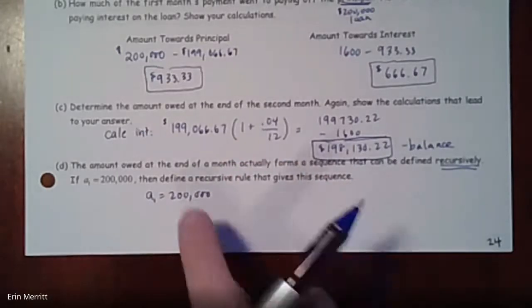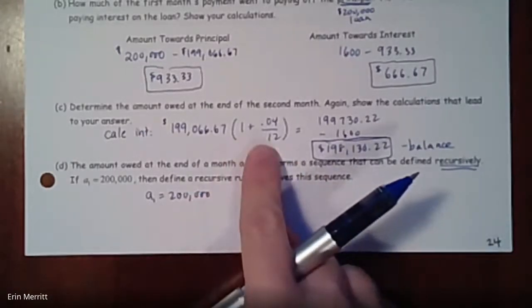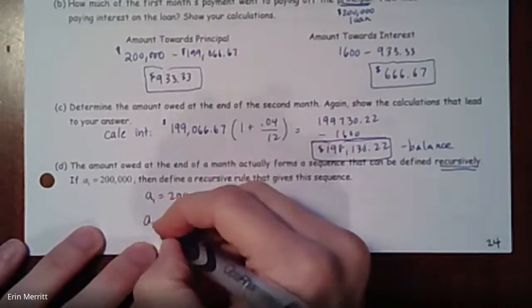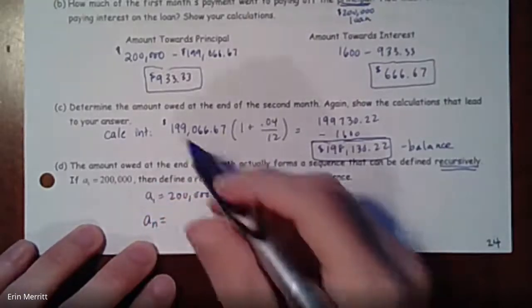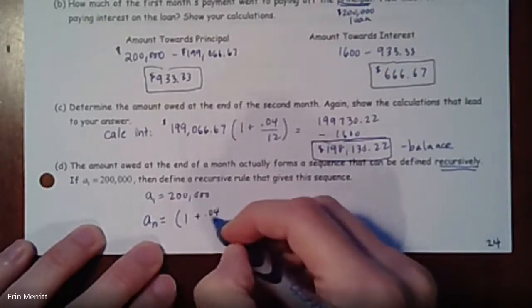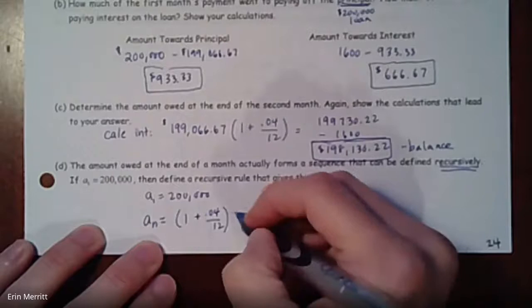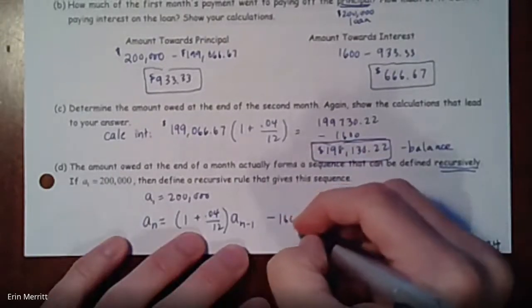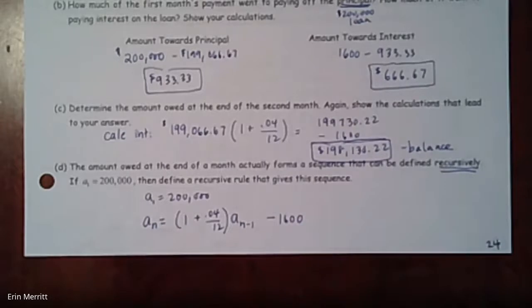Well, we took this term, we multiplied it by that 1 plus 0.04 over 12, and then we subtracted 1,600. So as a recursive formula, you multiply the term before it, a sub n minus 1, by this, and then subtract 1,600 off of that.